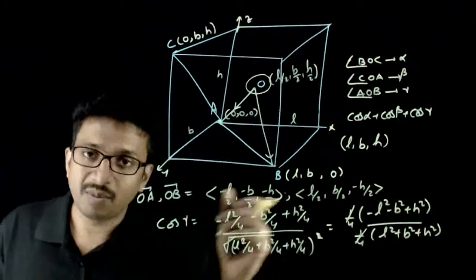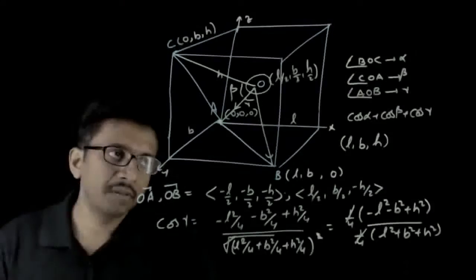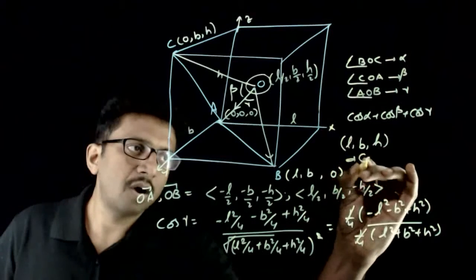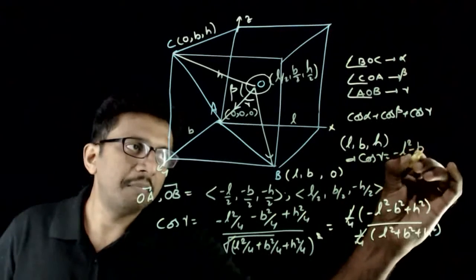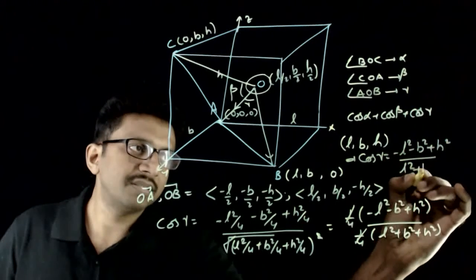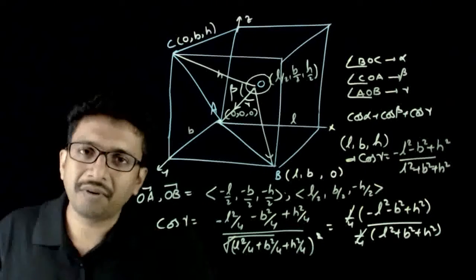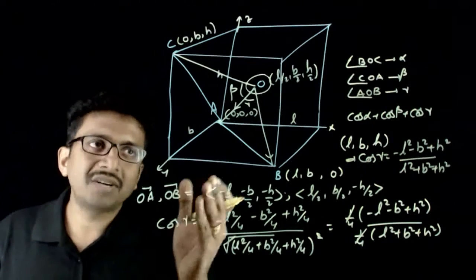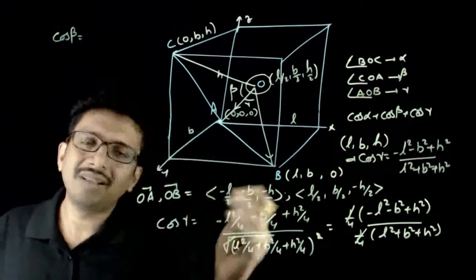Even if I multiply it with minus, it doesn't really matter. So cos gamma is equal to minus L square minus B square plus H square by L square plus B square plus H square. Now let us try to find cos beta. This time you don't need to do all the calculations.